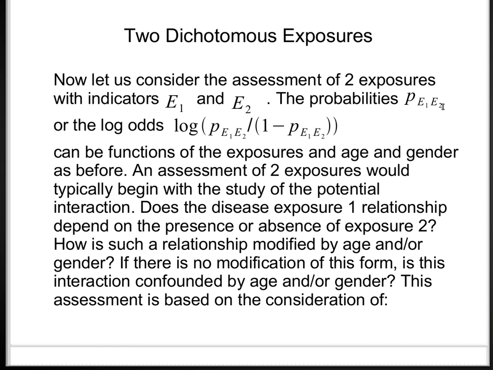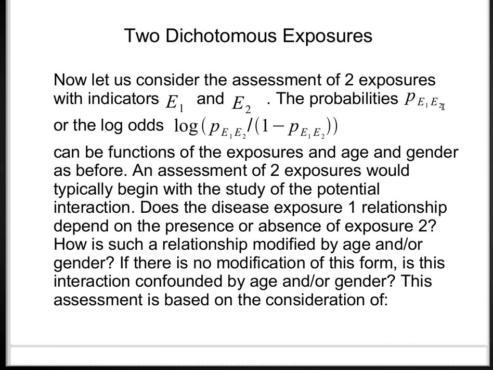And now what we come to is a circumstance in which in the literature we really do want to use the word interaction. It's the most widely seen, going back to the very early work of R.A. Fisher. So we now wish to assess the 2 exposures, and we would typically begin with the study of the possibility of interaction between the 2 exposures.